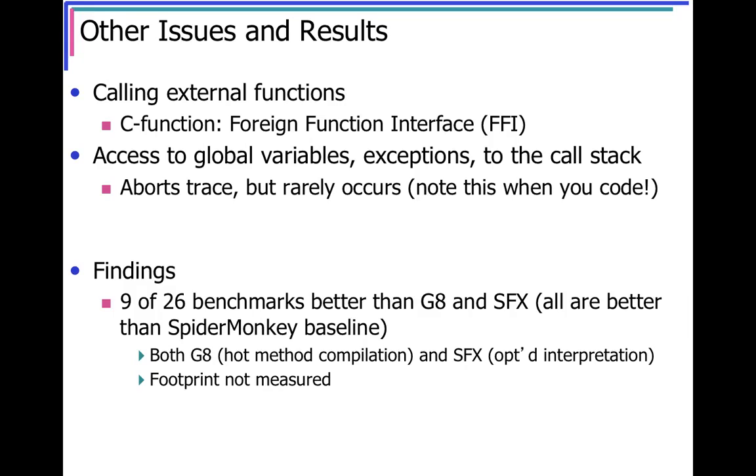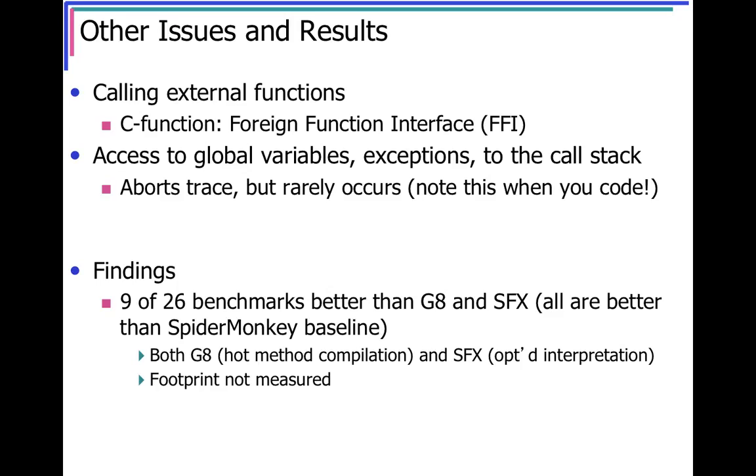As mentioned previously, when exceptions occur, we abort the trace. Same as for access to global variables, we abort the trace. Same as for access to the call stack, we abort the trace. If we abort the trace quite often, then TraceMonkey can be rendered helpless, ineffective. But the authors of this paper find that this occurs very infrequently.